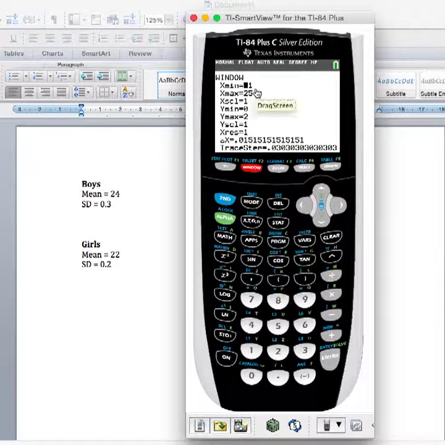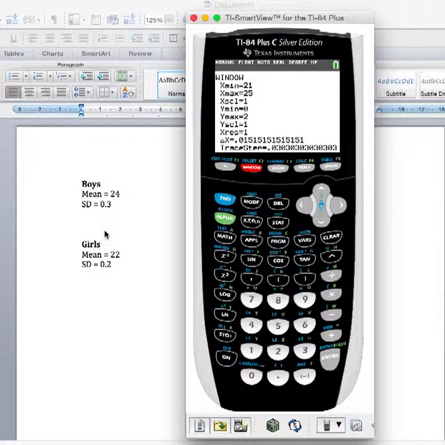The minimum value is usually about 3 standard deviations below the mean. So whichever one of these is going to give you the lowest, you take as the minimum. So 3 standard deviations below 22 would be about 21.4, so 21 is fine. 3 standard deviations above the mean, well, that would take me to 22.6, this would take me to 24.9, so 25 is a good enough estimate.